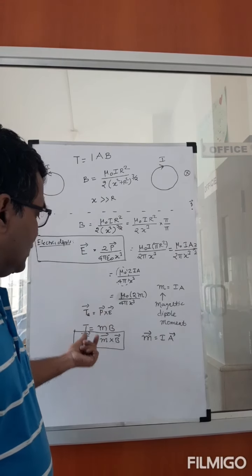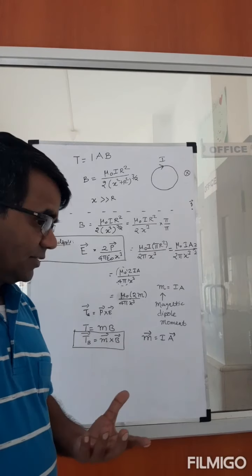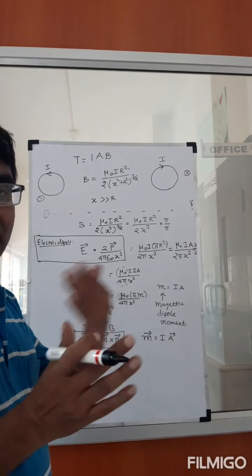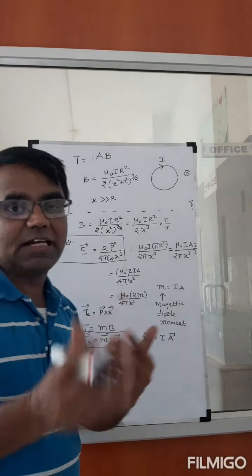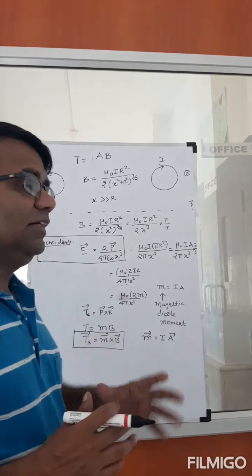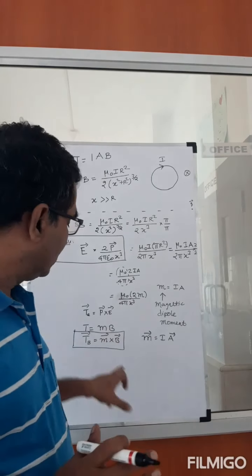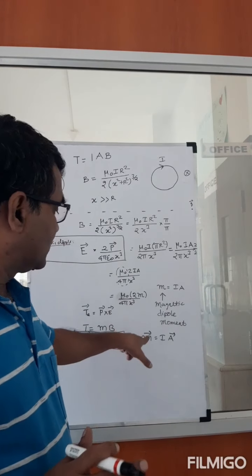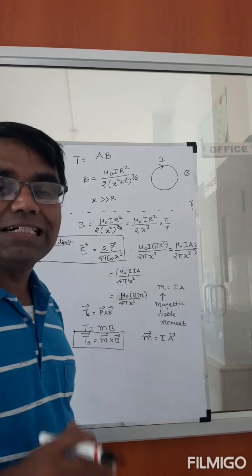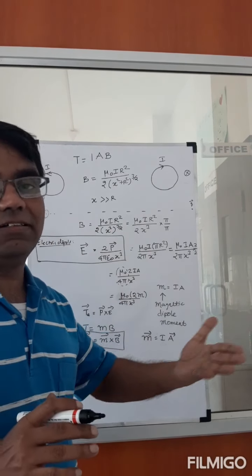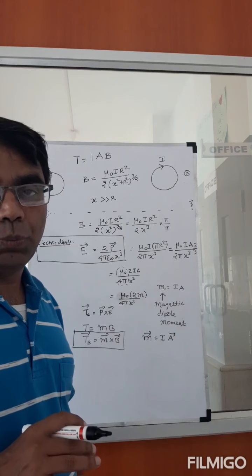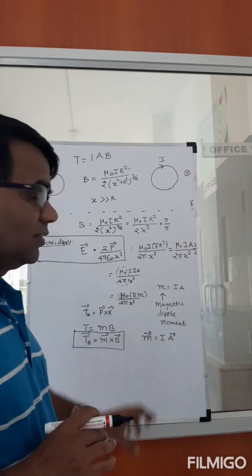Likewise, if you have a magnetic dipole, a current carrying loop or something, and you keep that in an external magnetic field, then it is going to experience a torque which is given by this expression. N is equal to I times the area of that loop. So this is a general expression.